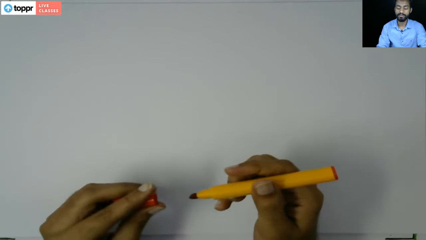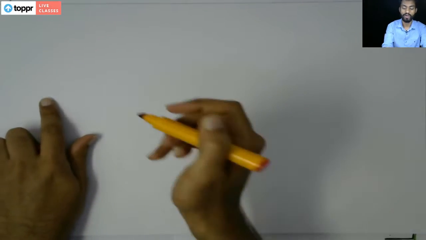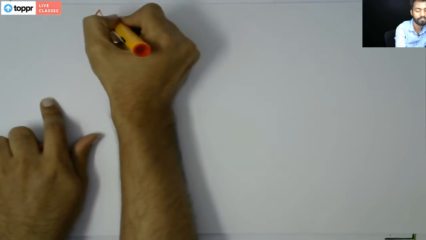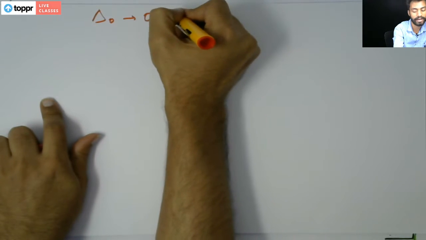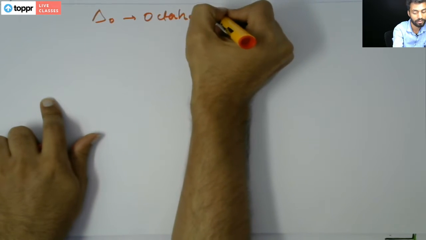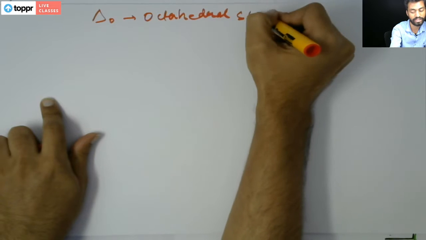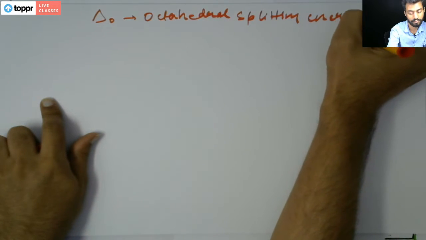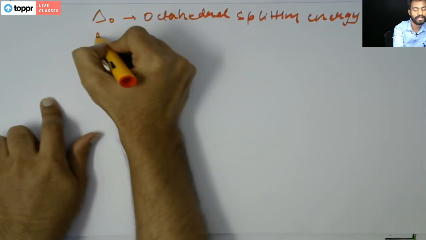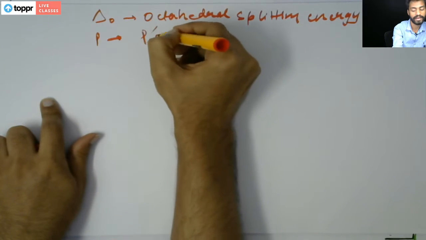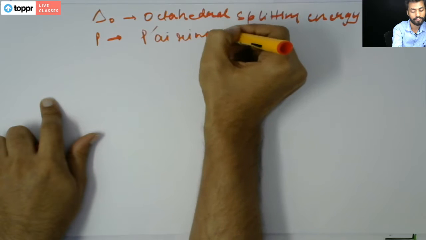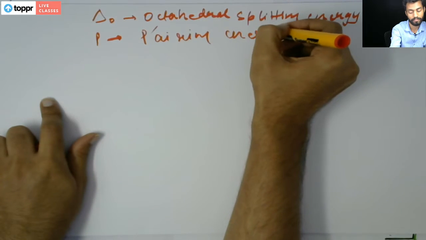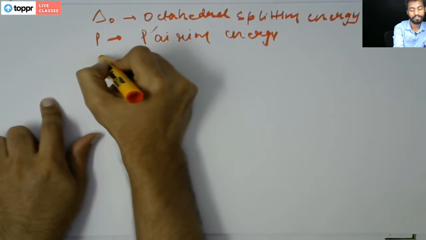So there are certain terms which I'll be using. One will be delta O, called octahedral splitting energy. One will be P, called pairing energy. One will be barycenter.